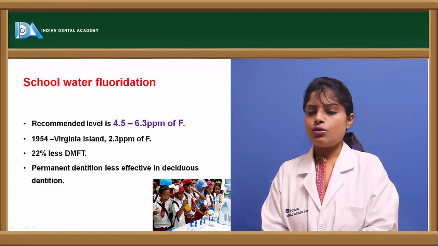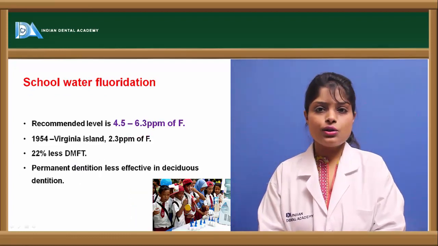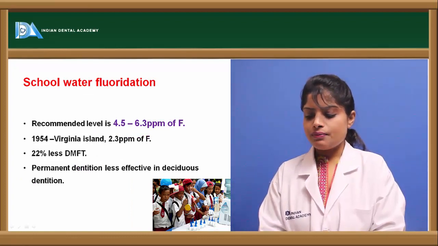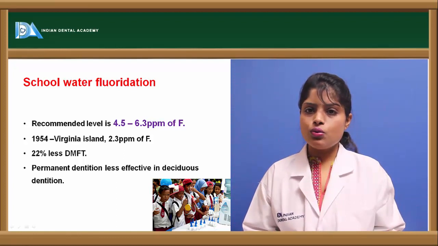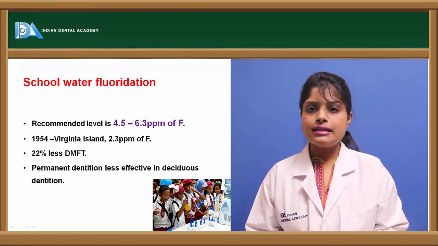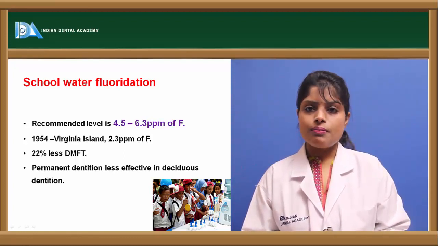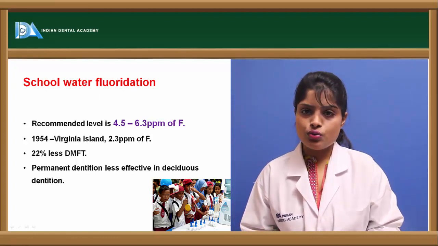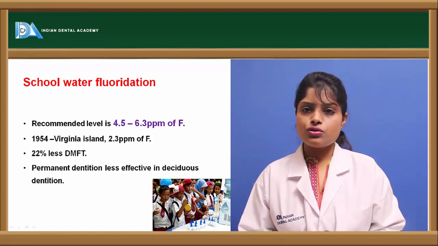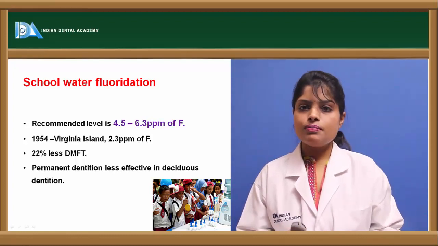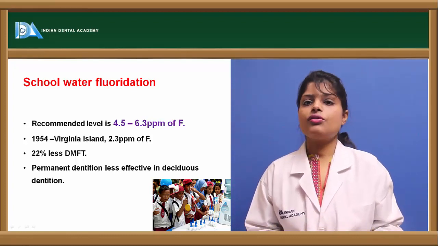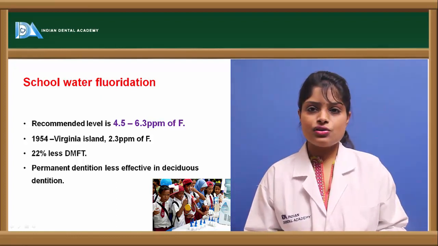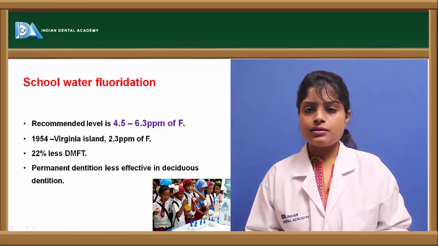There are also particular advantages and disadvantages of school water fluoridation. School water is easily available to the children, but there are certain children who cannot go to school, poor children who cannot afford school, or children who are not regular in a particular school due to transfers, migration, or illness.